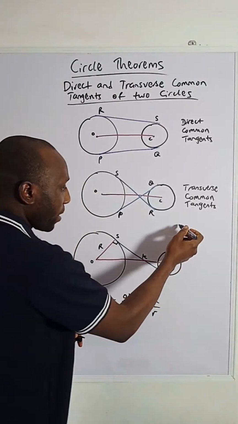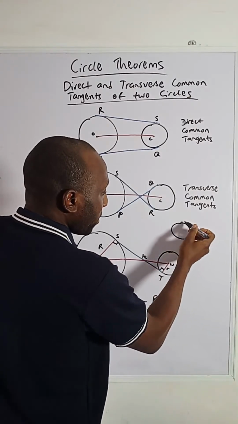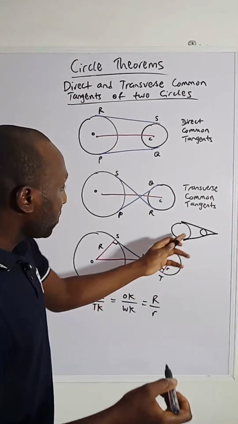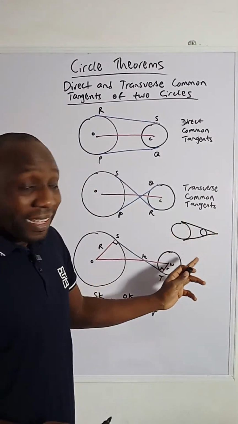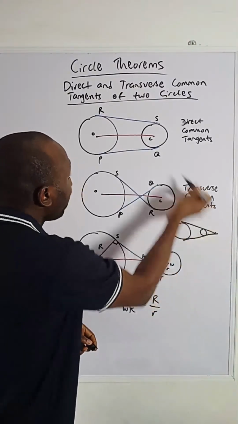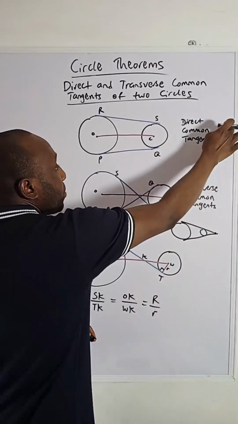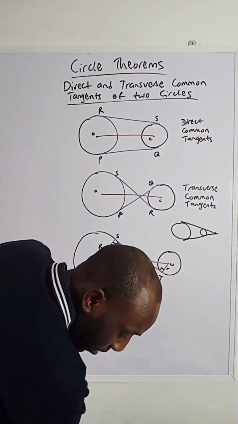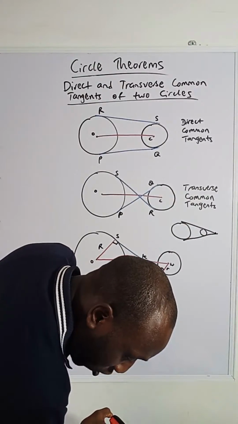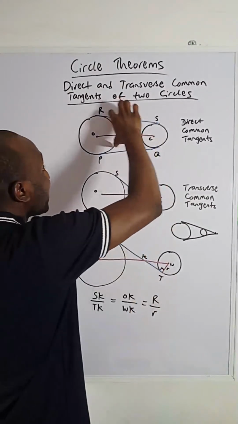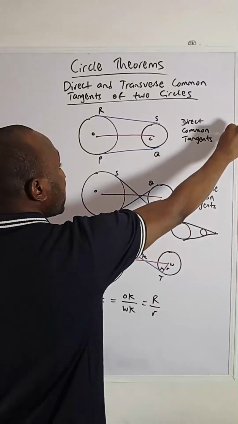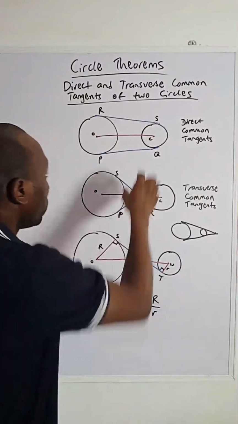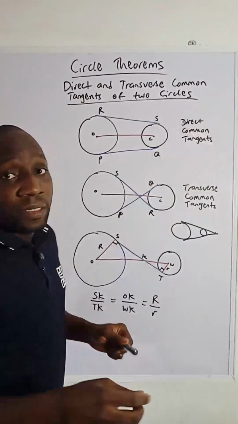Maybe you have something like this. This is still a common direct tangent. If you extend these two tangents, they will meet at a point external to both circles. I'm talking about the direct common. Yes, if you extend the tangents, they will definitely meet at a point external to the circles. So yes, you can extend this and they will meet outside the circle.